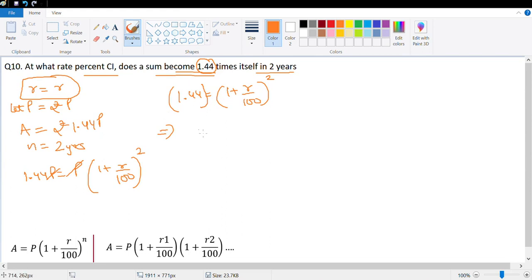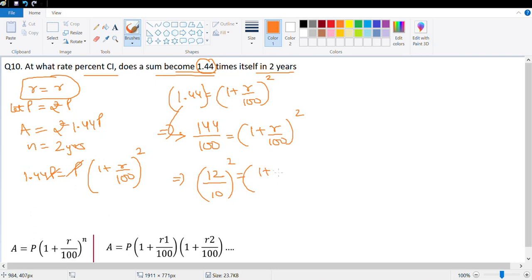I can write 1.44 as 144 upon 100, and this is equal to 1 plus r upon 100 raised to the power 2. I know 144 is 12 square, 100 is 10 square. So this is 12 upon 10 whole square is equal to 1 plus r upon 100 raised to the power 2.